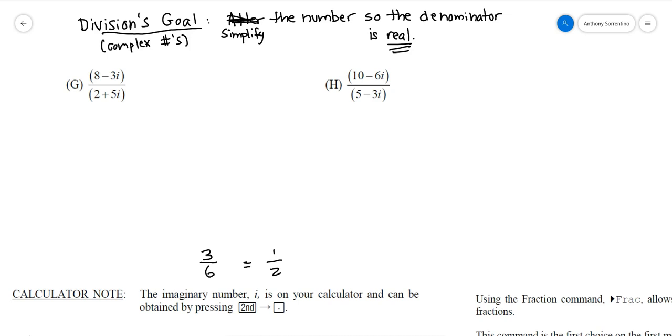So I have to think, and this kind of goes back to what we just talked about. If I wanted to make the bottom a real number, I would multiply the bottom by its complex conjugate. So instead of 2 plus 5i, I'd multiply it by a 2 minus 5i. Recognizing that doing so is going to eventually make the bottom a real number.